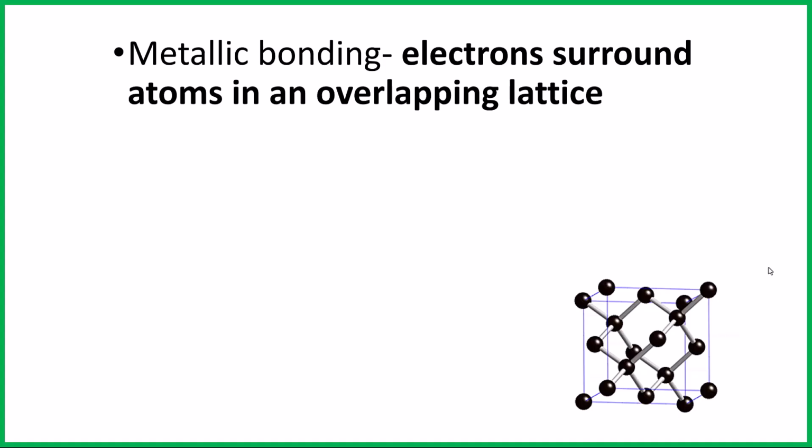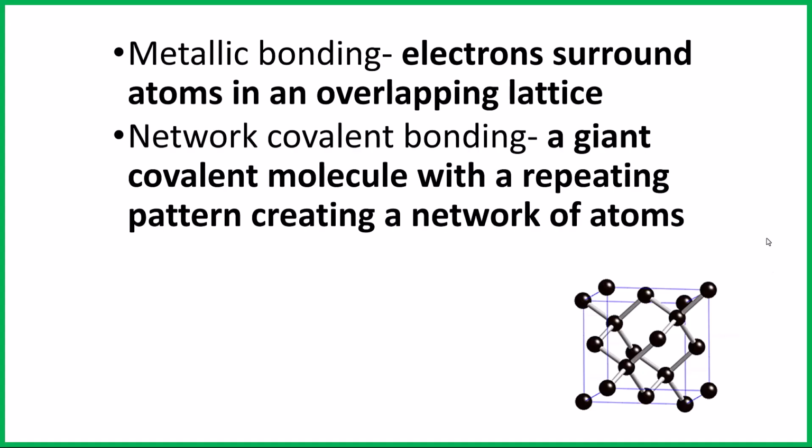Additionally, there is metallic bonding, in which electrons surround atoms in an overlapping lattice. And network covalent bonding, which is a giant covalent molecule with a repeating pattern, creating a network of atoms.